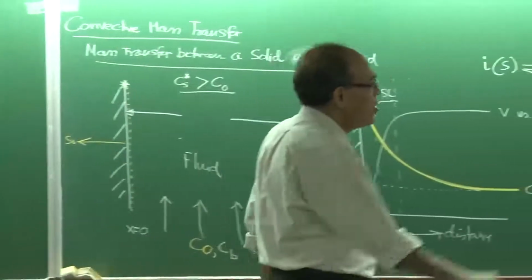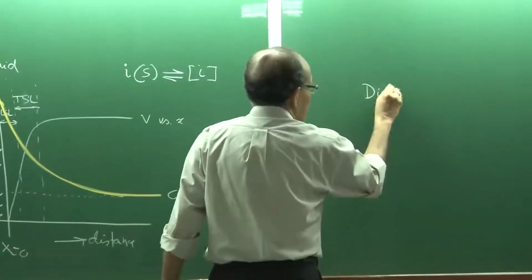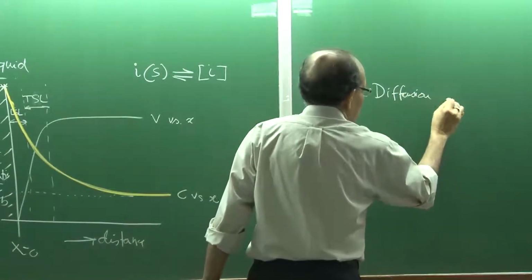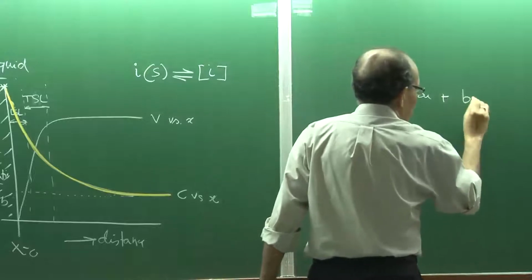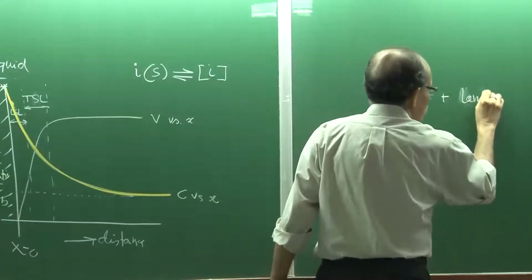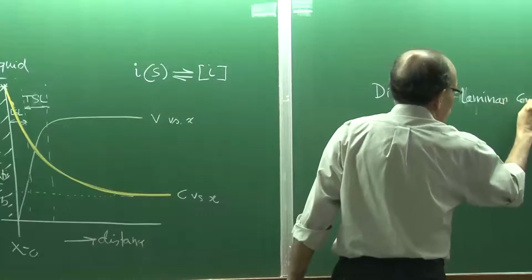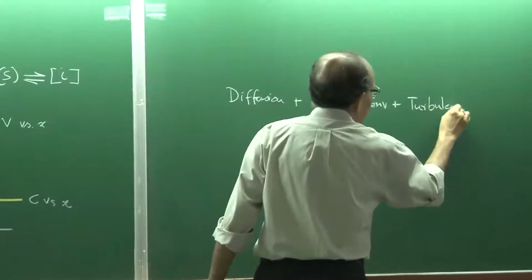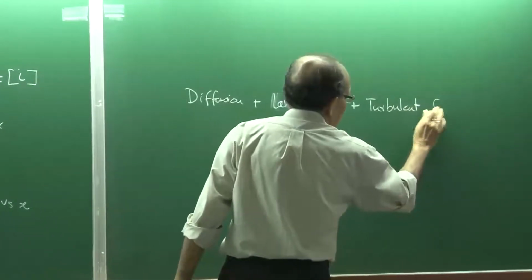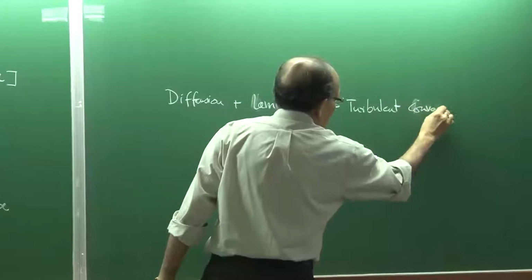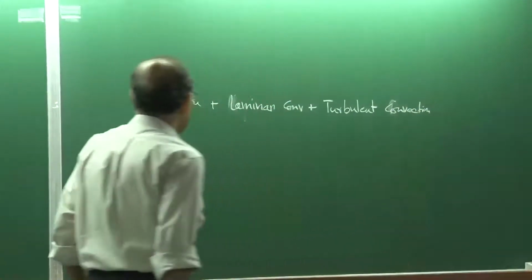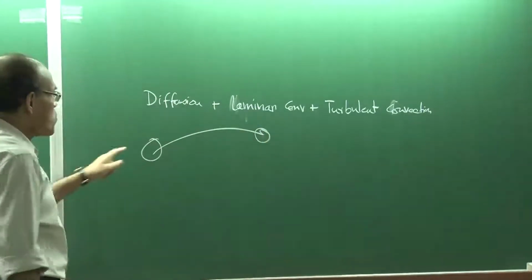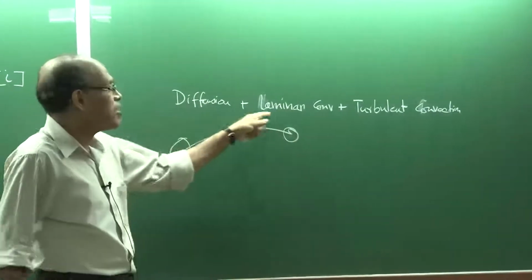So, therefore, diffusion is there, there is bulk or laminar convection, and there is turbulent convection. Anywhere you take in the fluid phase, for mass transport from one region to another, three mechanisms will be occurring.